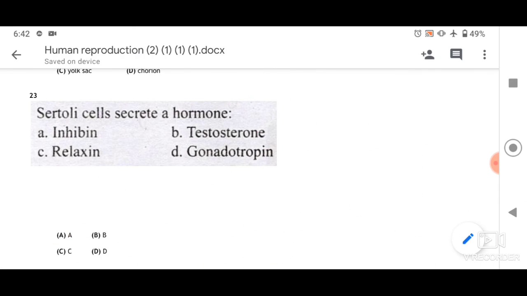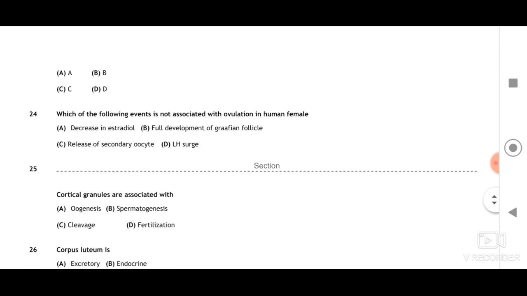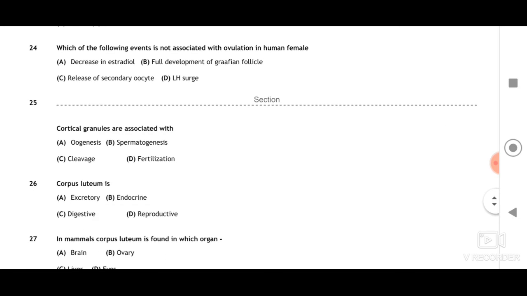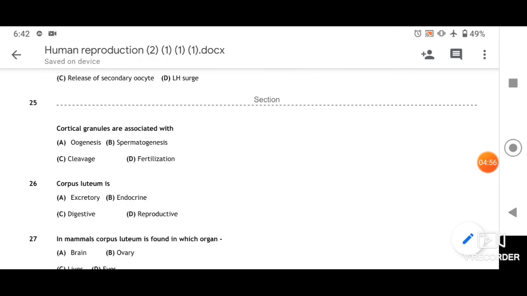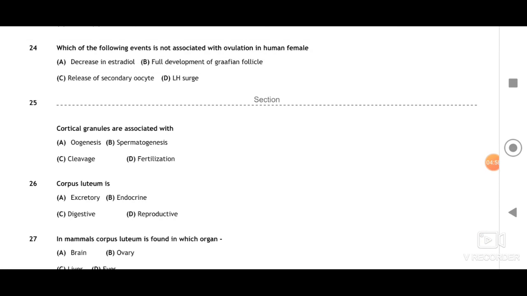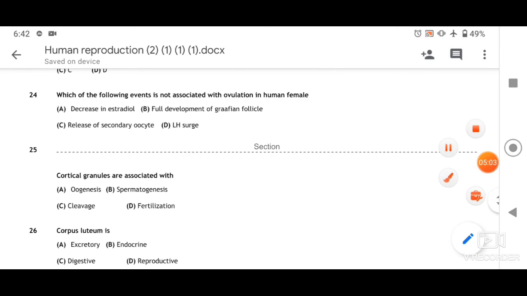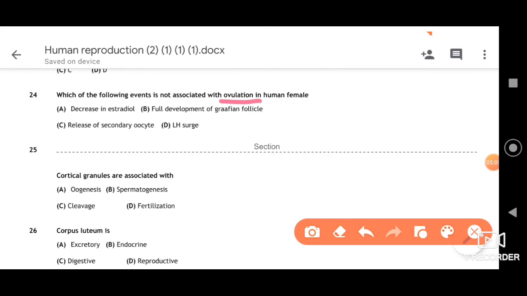Dear friends, the next question we have here is, which of the following events is not associated with the ovulation? Let me tell you, whenever we are talking about the ovulation process, that is during the menstrual cycle, generally on the 14th day the ovulation will occur.